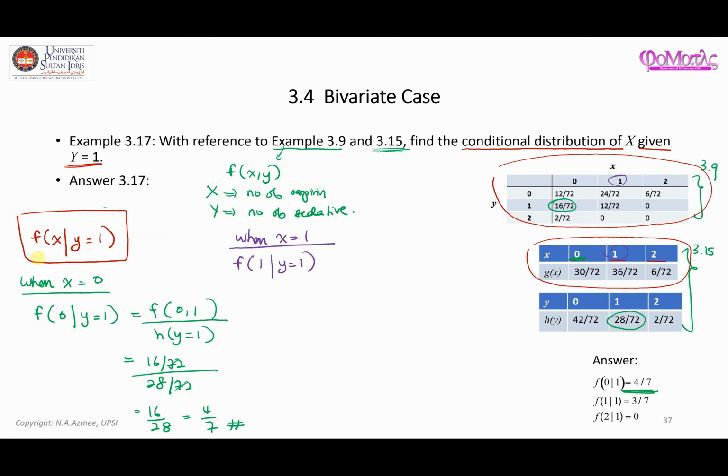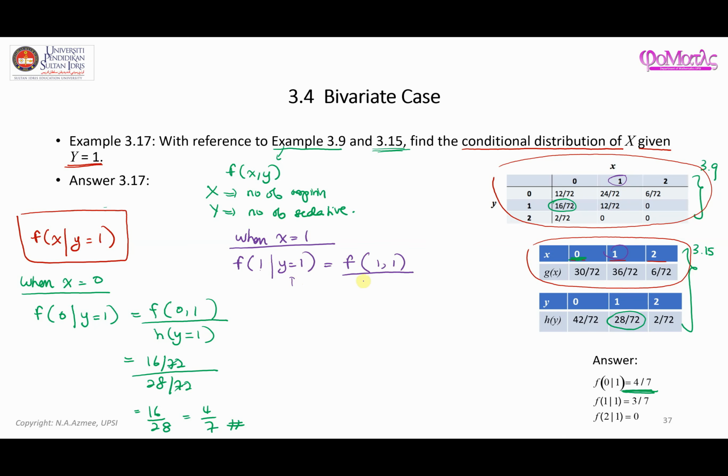I'm just again following this general formula for finding the conditional distribution of x given y equals to 1. At the top part, we're going to consider the combination of x and y, which is 1 and 1 in this case, because y is equal to 1 and x is also equal to 1.